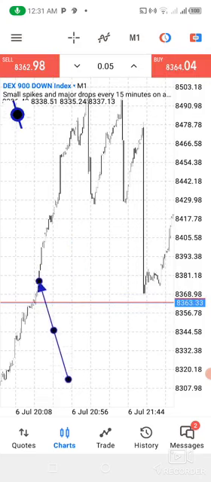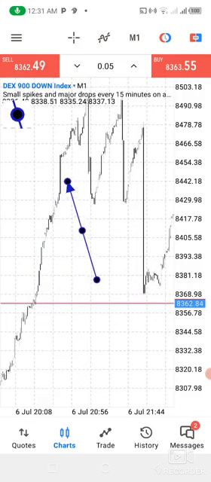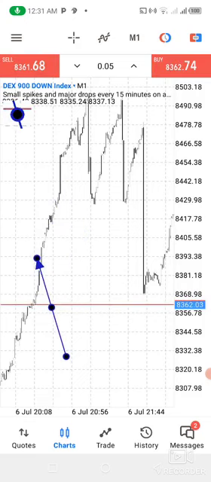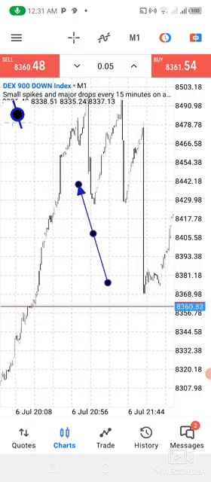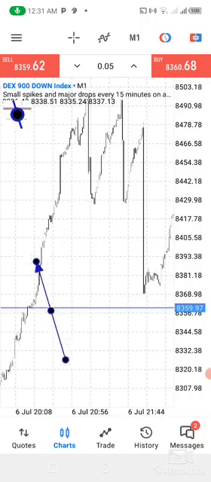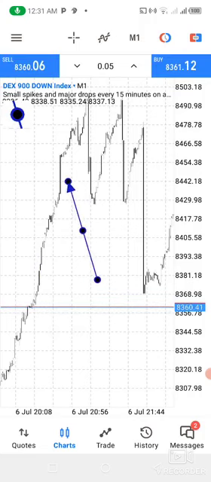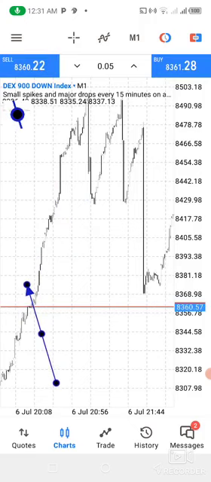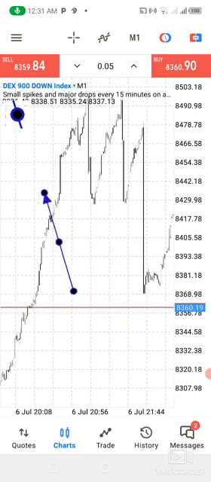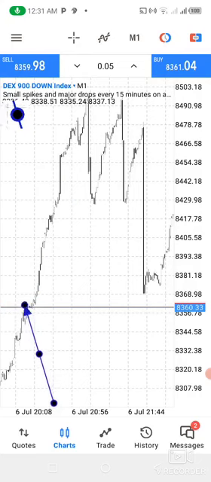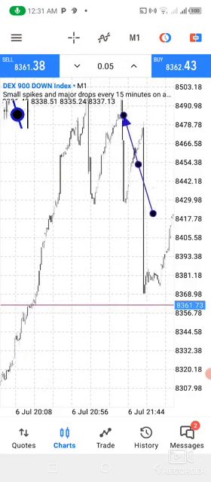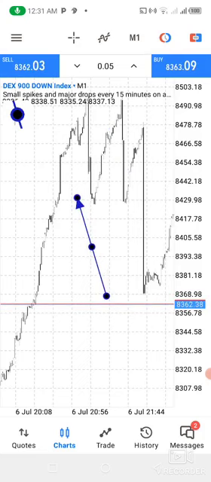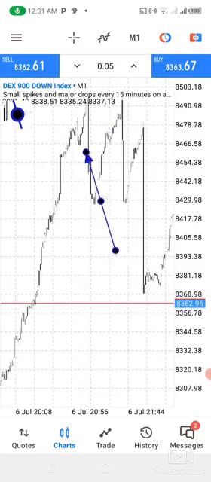So all these white candles are bull candles, or spikes. Wherever you see a bull candle, it is a spike, whether you see it in DEX 900 down or DEX 900 up. Then the drops mean bearish candles, that is the black candles.